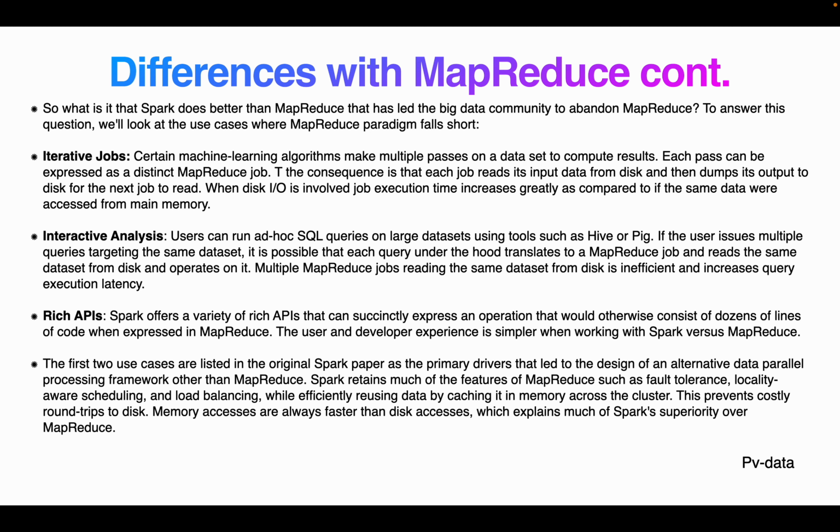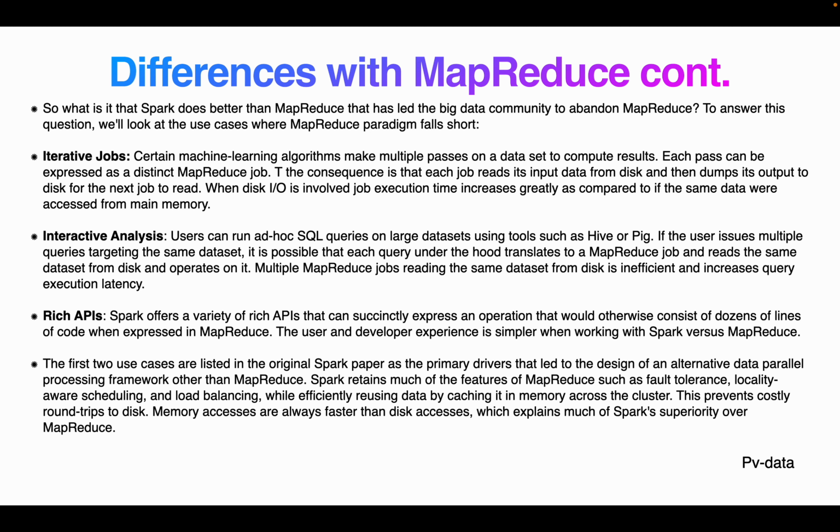The first two points, interactive jobs and interactive analysis, were originally written in the Spark paper, and this led to the design of an alternative data parallel processing framework other than MapReduce.